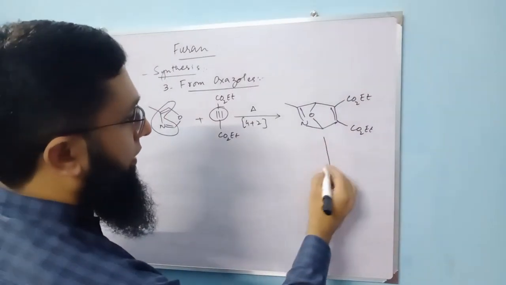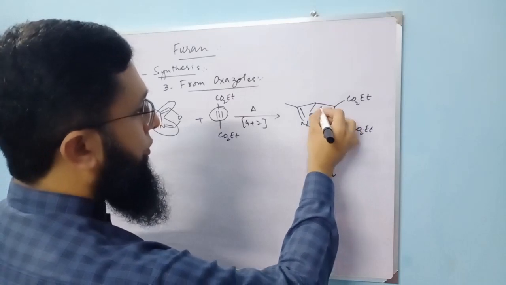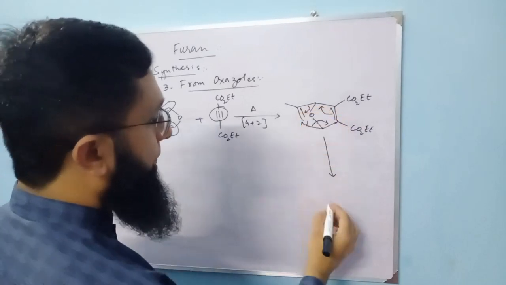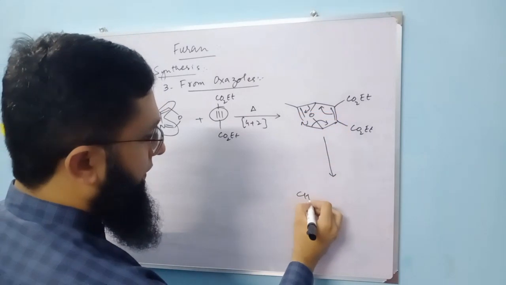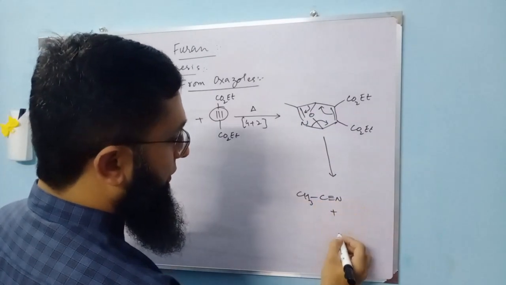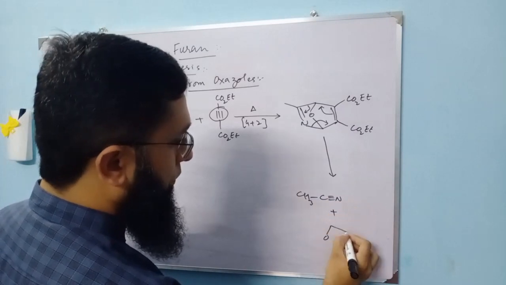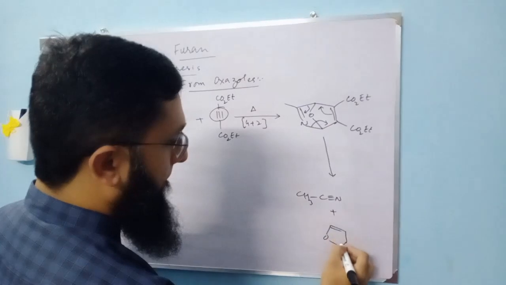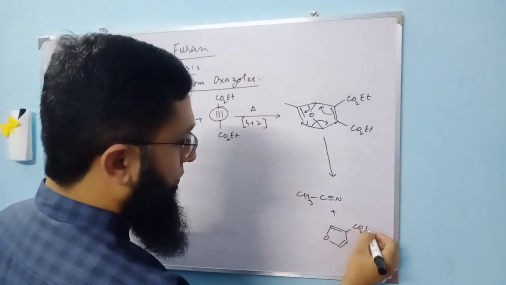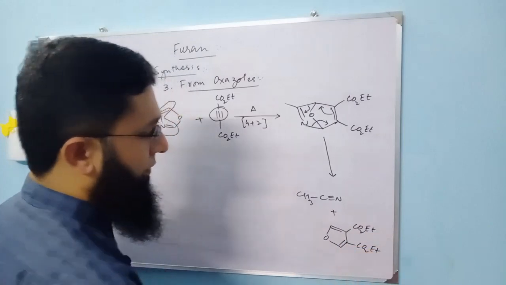So again, this bond shifts here, this bond shifts here, this bond shifts here, and we get CH3CN plus furan derivative.